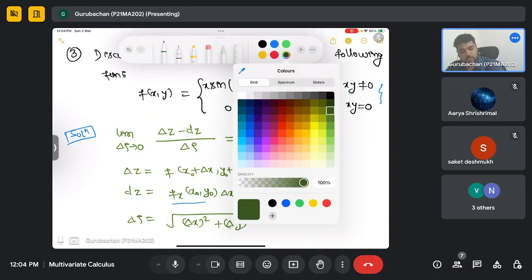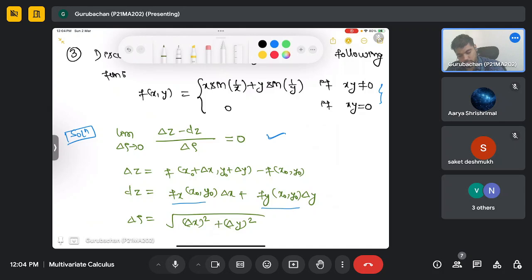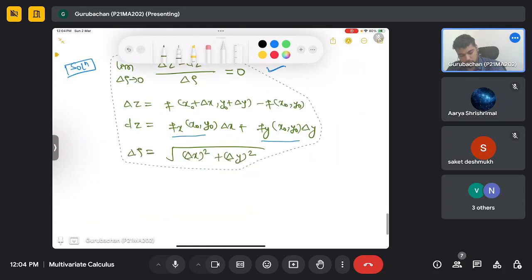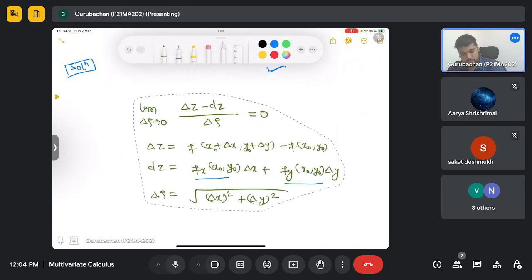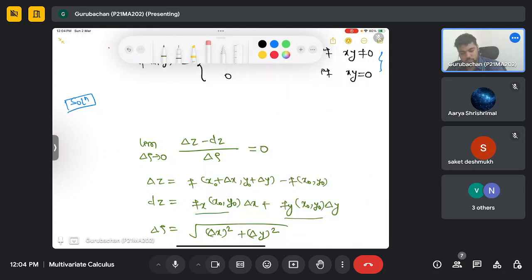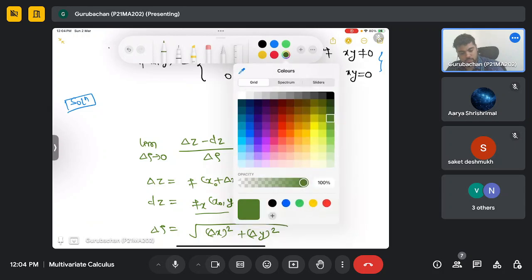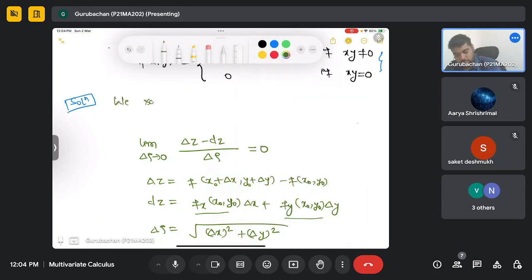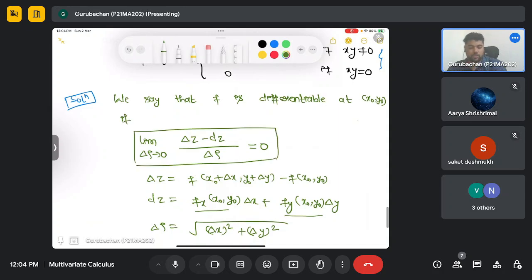Let me correct this one. We say that f is differentiable at x naught, y naught if this particular limit is 0.